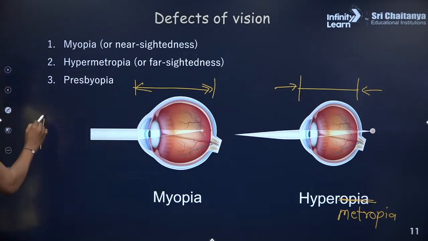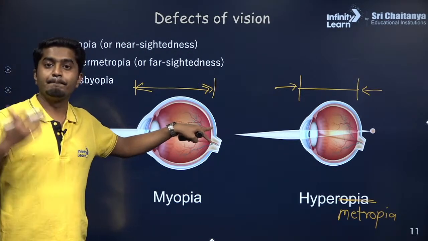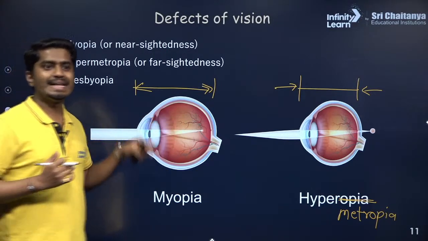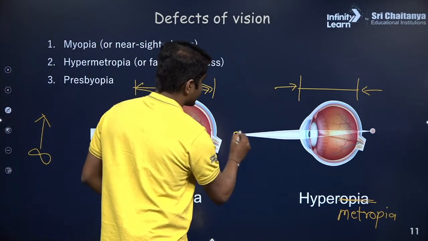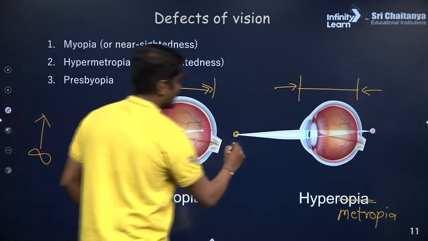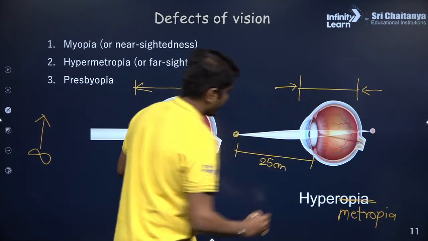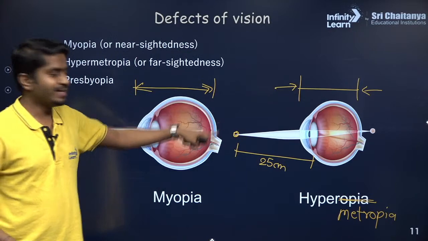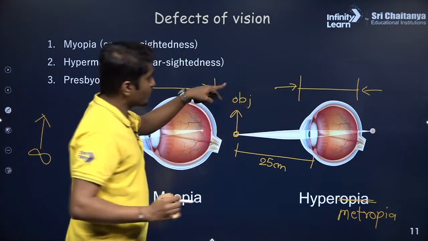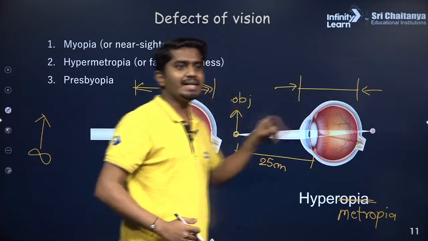The distant object at infinity, the image is formed before the retina. Here the object is at near point, that is this distance is 25 centimeter. If you place the object here, there is the object, so its image is forming behind the retina.